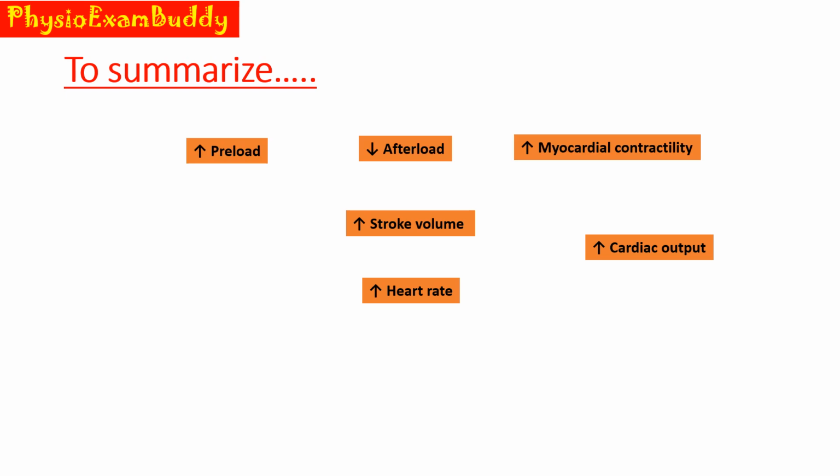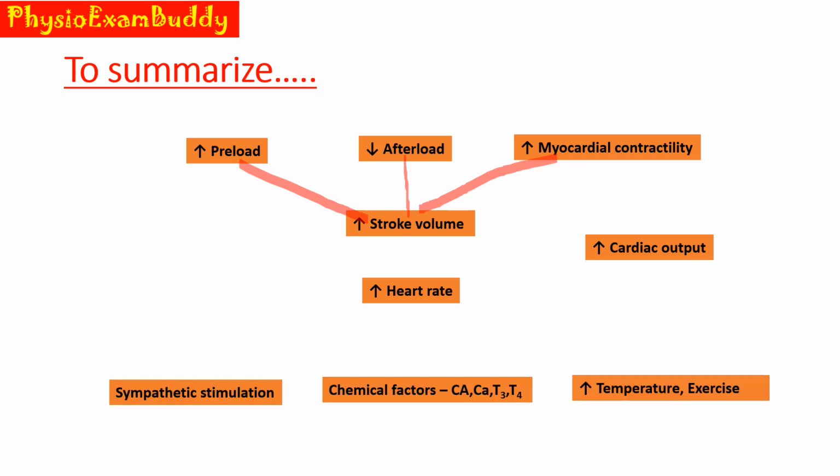So to summarize, an increase in stroke volume as well as an increase in heart rate can increase the cardiac output. Increase in the preload, decrease in the afterload, and increase in the myocardial contractility, all these three factors will contribute to increase in the stroke volume.